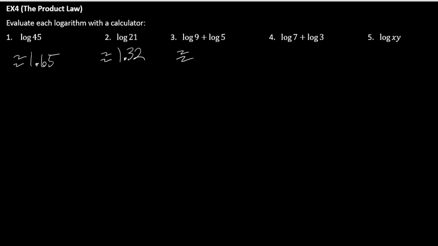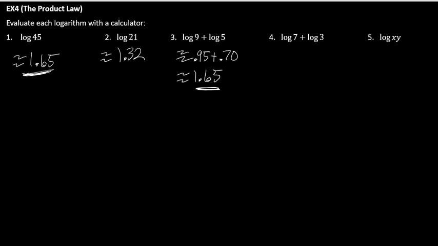This guy here, oh, this is a little different. We're adding two different ones together. So log of 9, that's 0.95, and log of 5, that is going to be 0.70. Okay, when we add those two together, we're going to end up with, well, this should look familiar, 1.65.